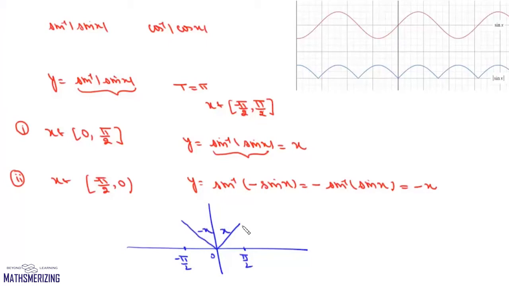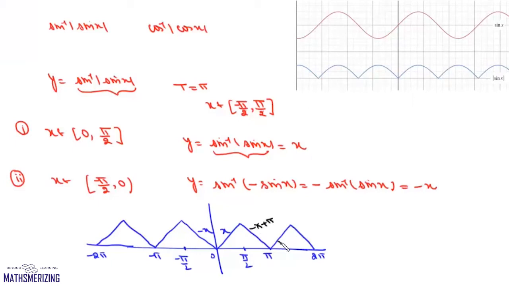So all we need to do is just repeat this graph to get the graph of sine inverse of mod sin x. So that is the graph of sine inverse of mod sin x, and this is pi, 2 pi, minus pi, and minus 2 pi. And we also know how to write definitions for different parts. Now for this part between pi by 2 and pi, here the definition will be minus x plus pi.